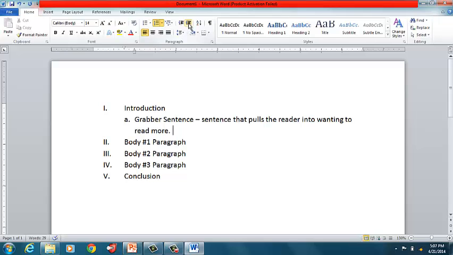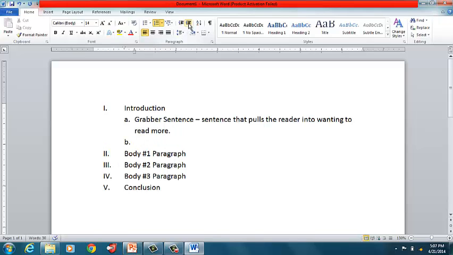Sometimes it's just an introduction for the reader to the story. So I might write a grabber sentence that says, in the story The Telltale Heart by Edgar Allan Poe, the insanity of a man is questioned. Just something to pull the reader in.